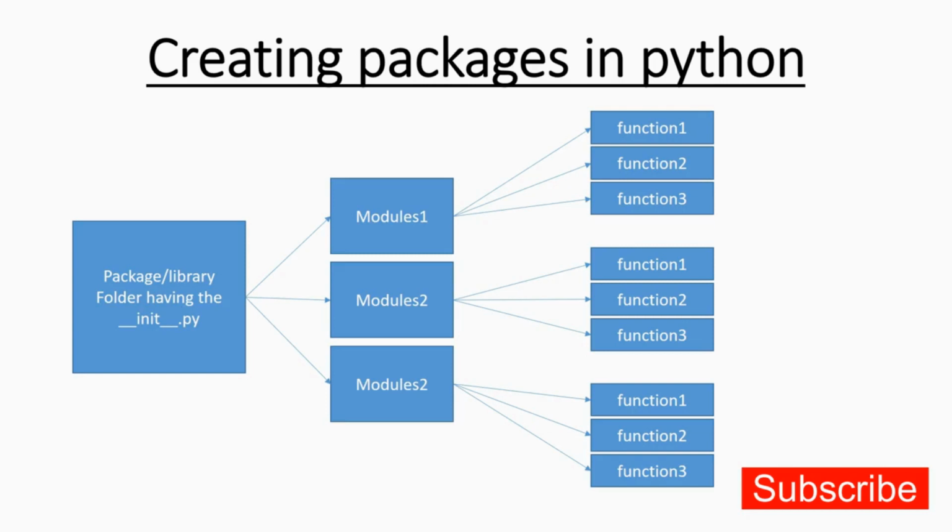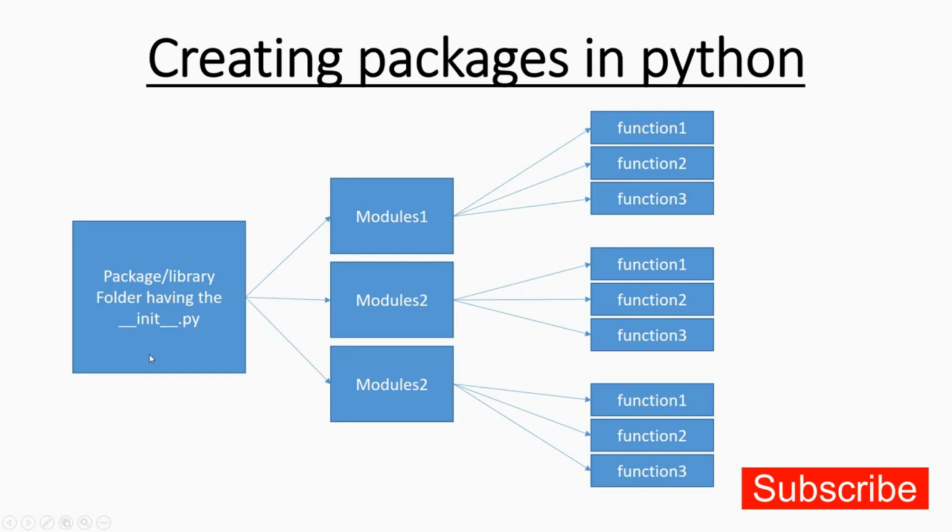Okay, and then we need to have this particular file, which is double underscore init, that is initialized basically, and then again double underscore dot py. Now this is basically a class constructor.